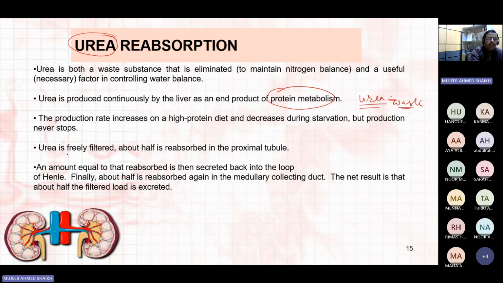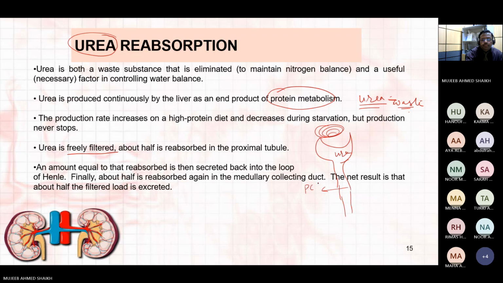So it is freely filtered. From where? From the glomerulus into the Bowman's capsule. So urea is freely filtered. If more urea is there, more urea will be filtered. Once it comes here in the PCT, what is happening?